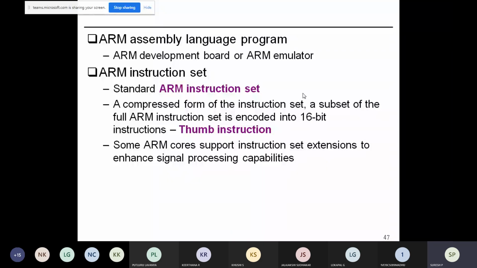Each memory location can store only 1 byte of data. So how much memory is required to store one instruction? Can you have the answer? How many memory locations do you require to store one instruction if you are using the ARM instruction set? Since the ARM instruction set is a 32-bit instruction, how many bytes do you require?